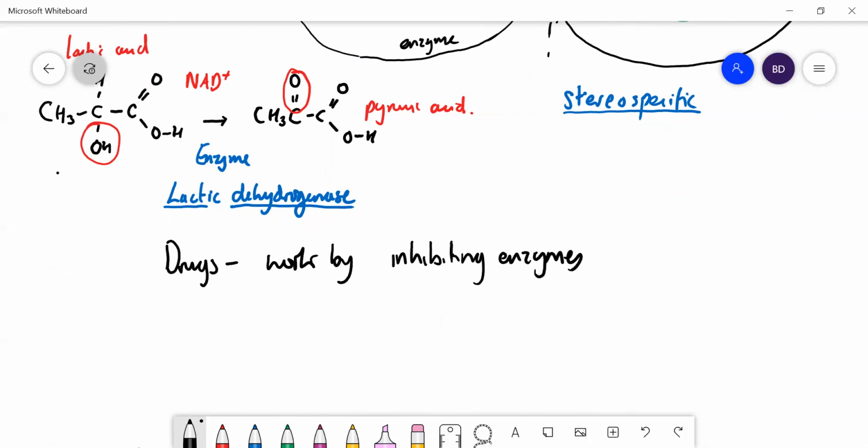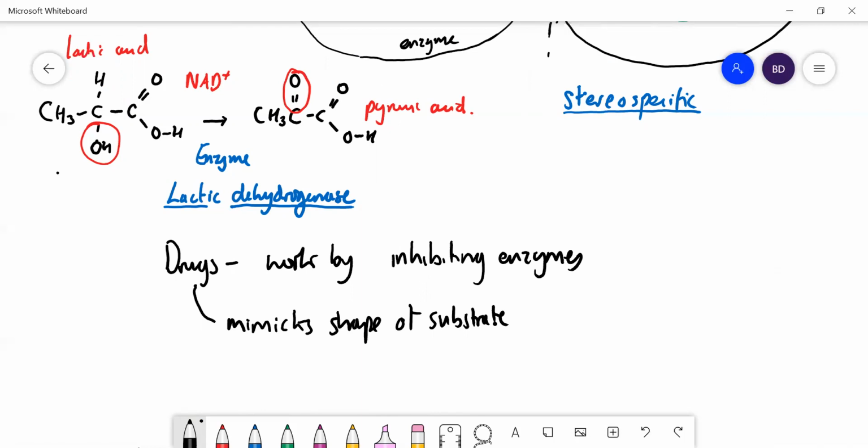And the way that they work is because the drug mimics the shape of the substrate, so it falls into the active site of the enzyme and competitively inhibits it. So if you've got the drug there, the substrate can't bind, the enzyme can't work.